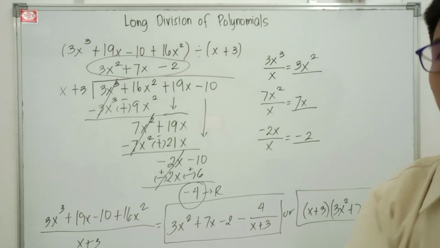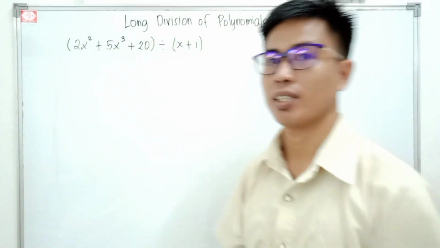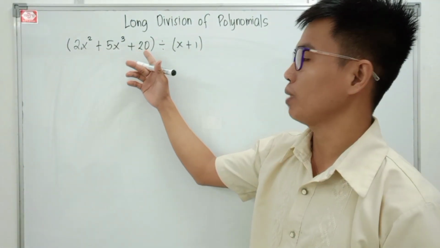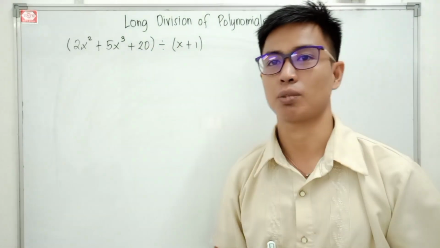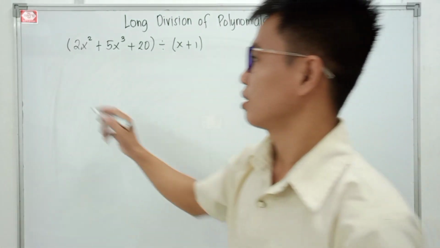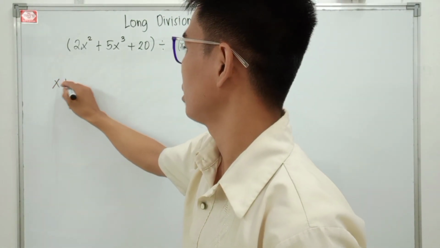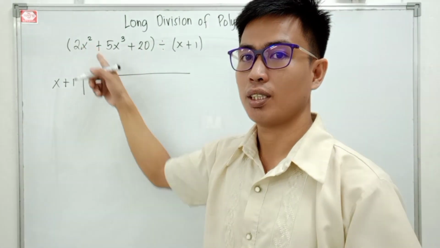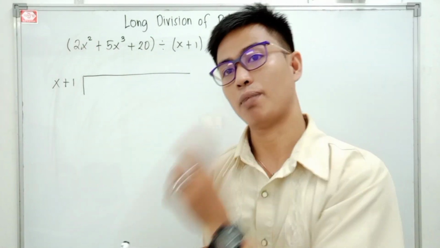So, for the third example, we have 2x squared plus 5x cubed plus 20 divided by x plus 1. So again, sundin lang natin yung mga steps. So una is x plus 1. Then, arrange the dividend dun sa pinakamataas na exponent pababa.